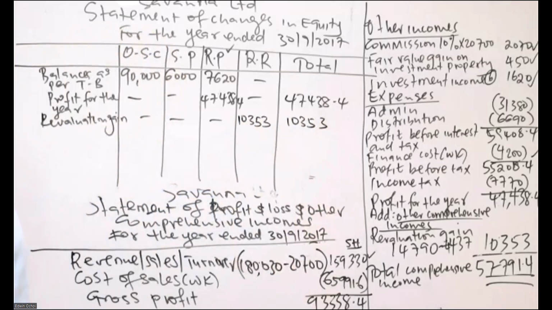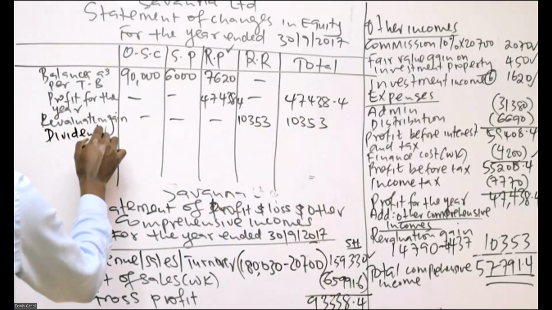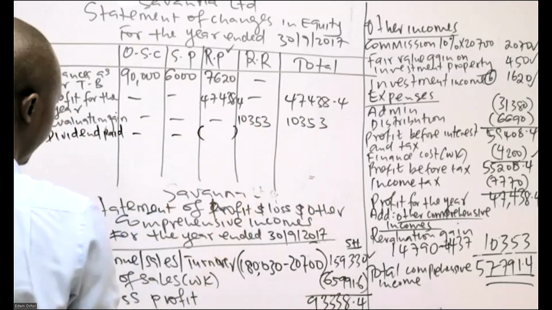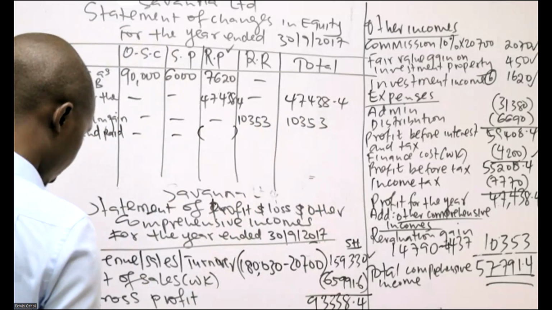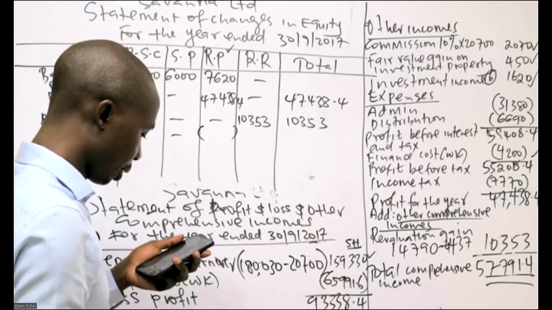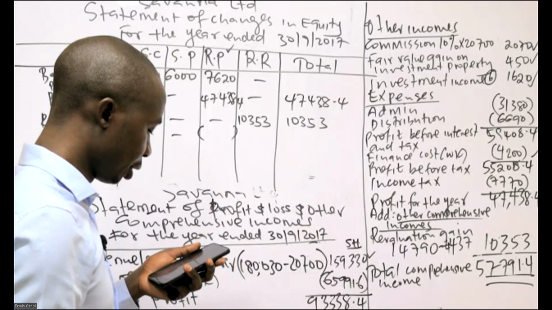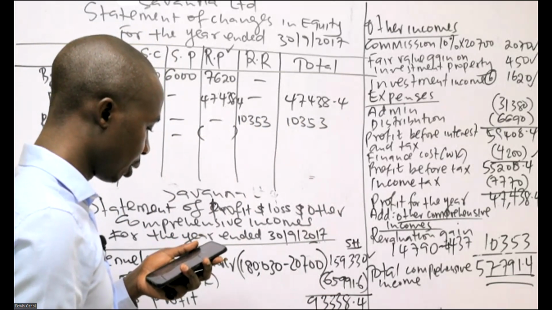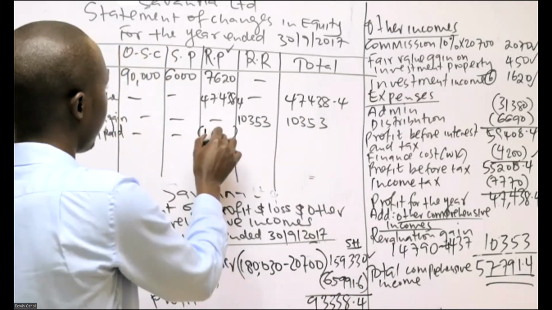There were dividends paid. Dividends paid must reduce the profit. So the dividends which were paid: if you take note 6, there's an interim dividend paid in note 6, 44.40.